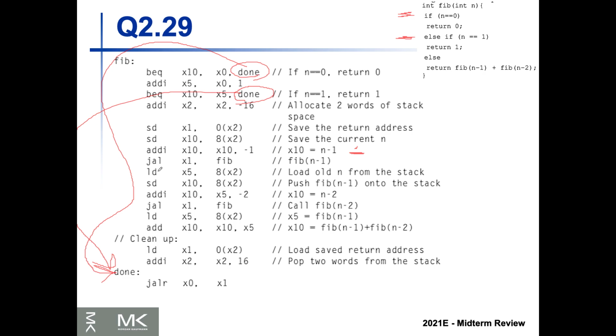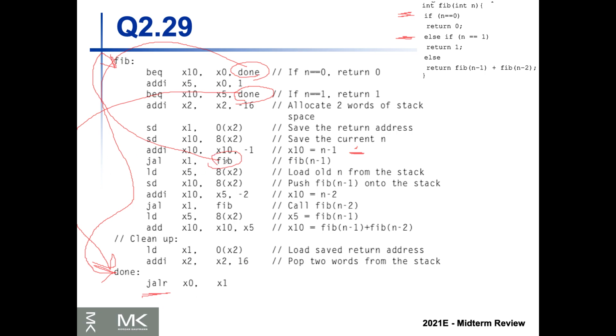And then that's the jump. We're going to jump to the fib annotation and save the address in x1, so that when JALR wants to come back to the caller, it knows the x1 address.